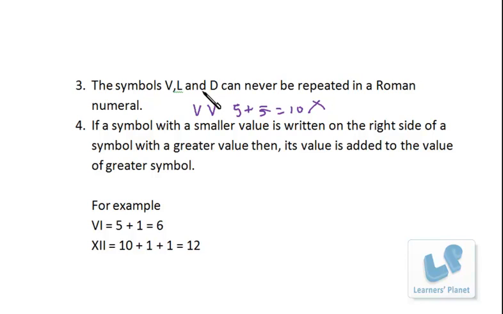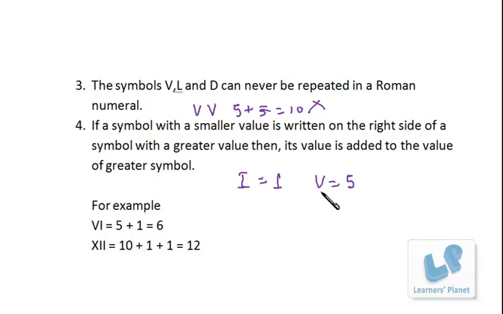Now the next rule is, if a symbol with a smaller value is written on the right side of a symbol with greater value, then its value is added to the value of the greater symbol. Let's take an example. Here I see a V and one I. Now we have written I on the right side of V. I represents 1 and V represents 5.